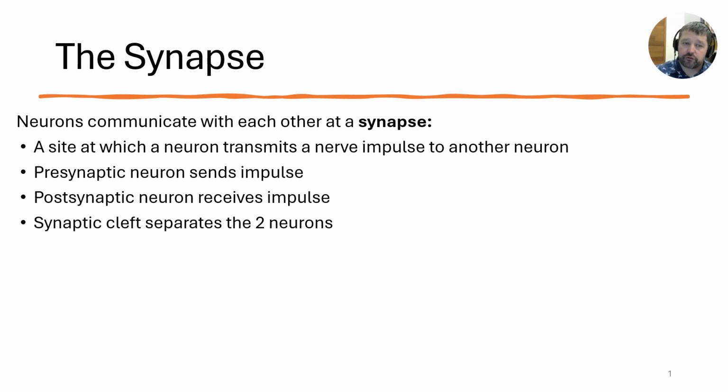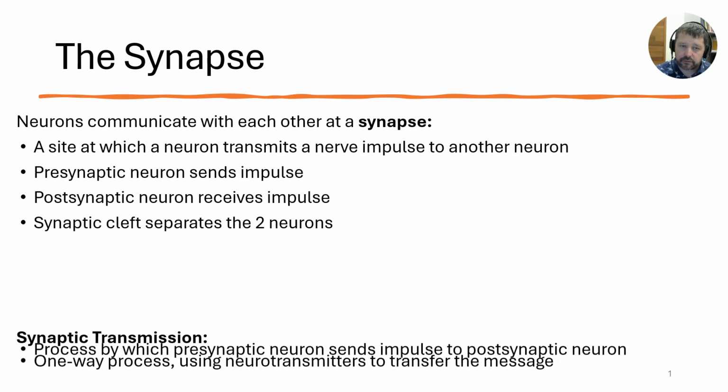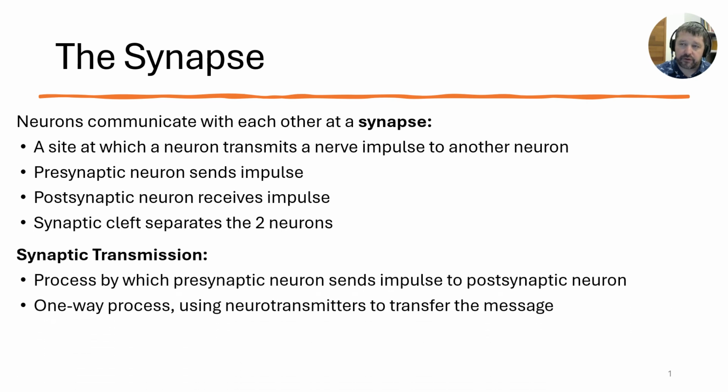So there are two separate neurons, two separate kind of clefts. Okay, you have a synaptic transmission, and this is the process by which a presynaptic neuron sends the impulse to the postsynaptic neuron.